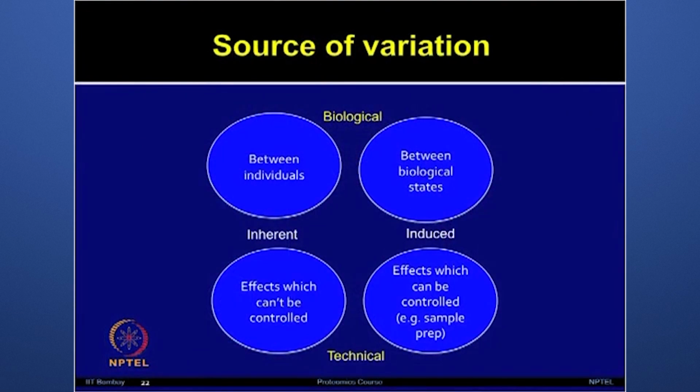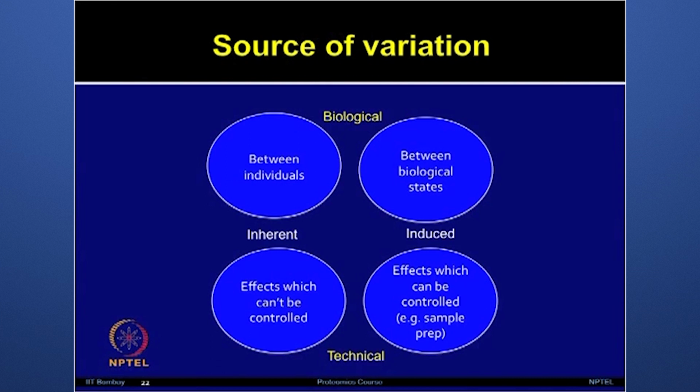There are biological variations over which there is no control. If you are doing clinical studies, even with proper age and gender matching, there will still be variations due to each individual's uniqueness.